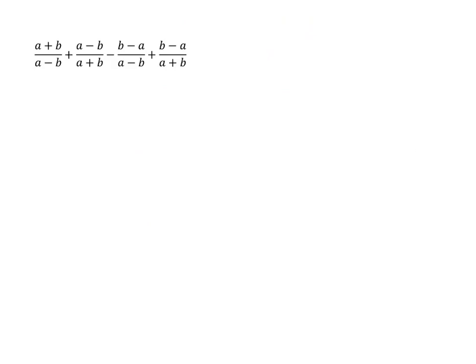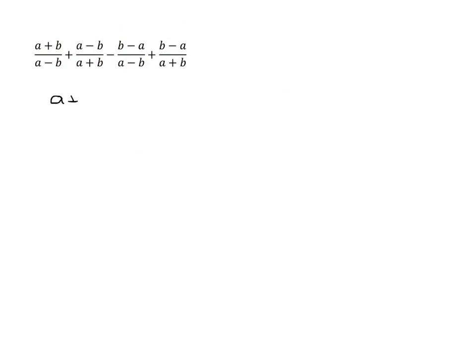This is one of my favorite problems because it's so simple and it just looks so incredibly complex. The first thing I want you to notice is all of these denominators. This one and this one are the same, which means I can combine this fraction and this fraction. And then these denominators are the same, which means I can combine these. So simply rearranging will help simplify what's going on.